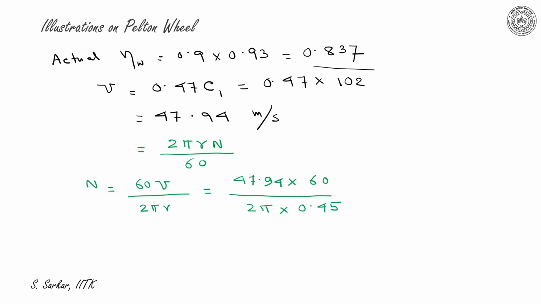If you do the calculation, you will get 1017 RPM. Therefore, I got another answer. N is 1017 RPM.